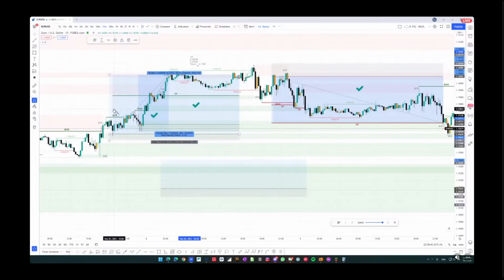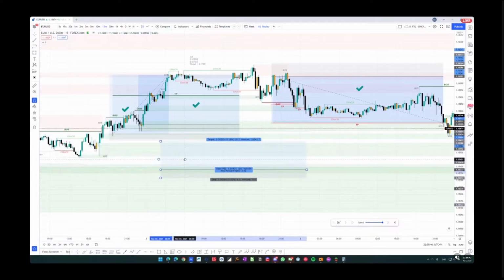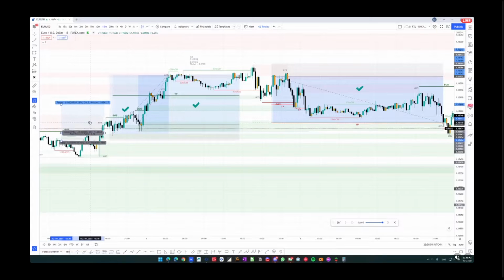Okay, so that one's this one. We started over here. So this one, let me just redo it. Entry is here. Stop loss is around here.